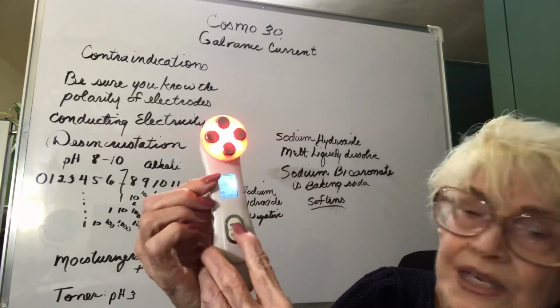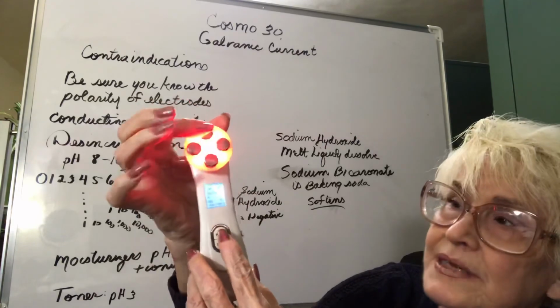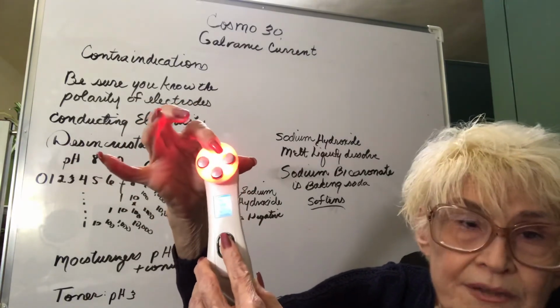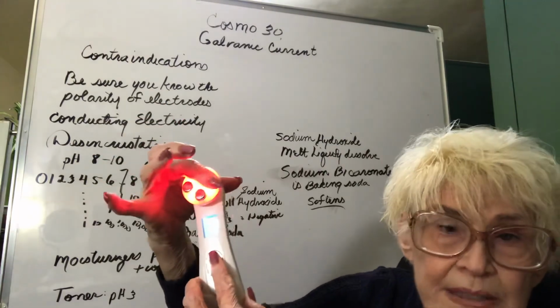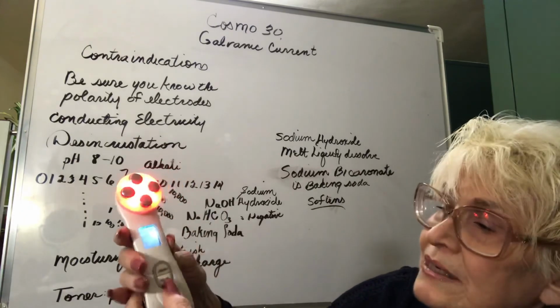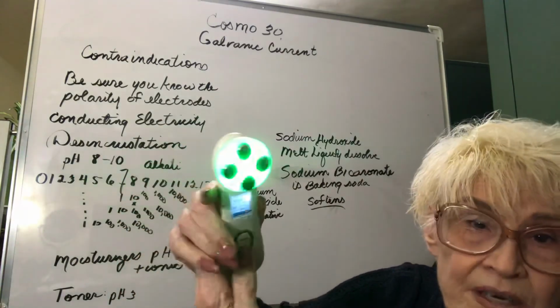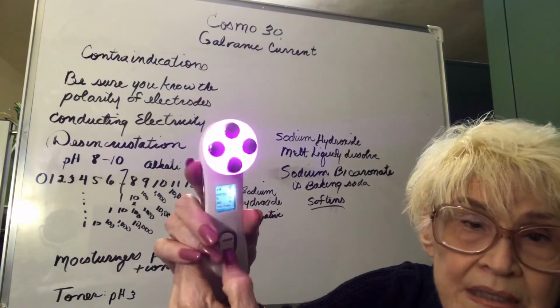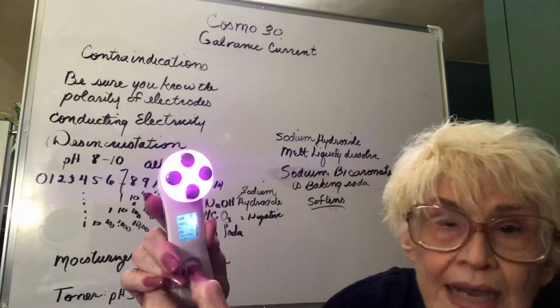So the more I push it, the more electricity is emitted through these, but I have to make contact. If I'm only on one, there's no current going through the body. It has to be at least 2. Then the bottom light changes the color, the bottom one changes the color of your light. So when we talk about light therapy, I'll bring this tool back so that you get a better idea.